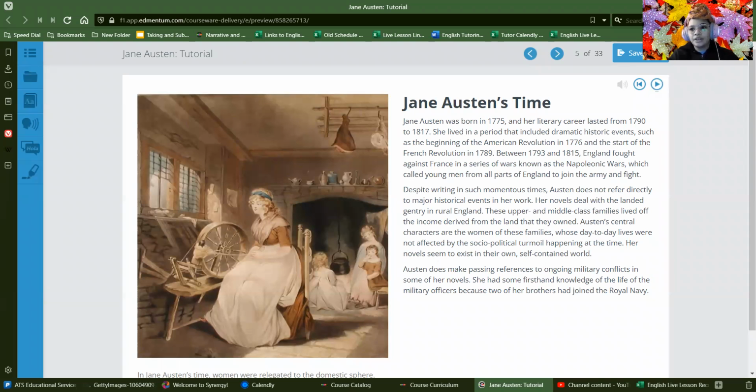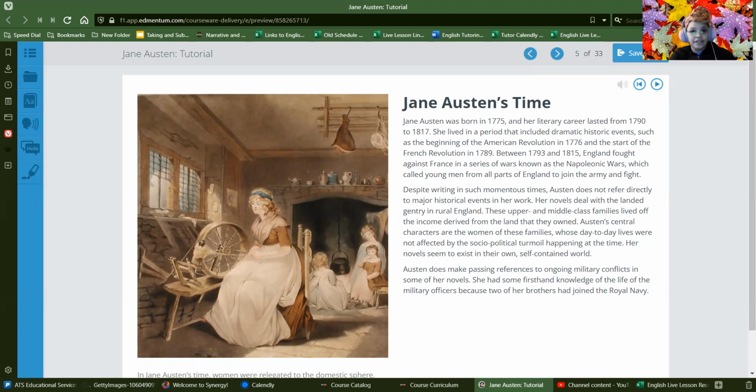Okay, so starting off from slide number 5 where the lesson begins, they give you background information about Jane Austen. She was born in 1775 and she wrote between 1790 and 1817. They're telling you about this time because there was a lot going on.